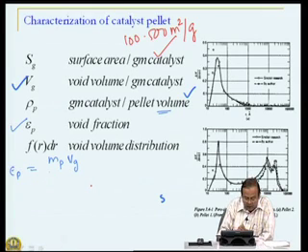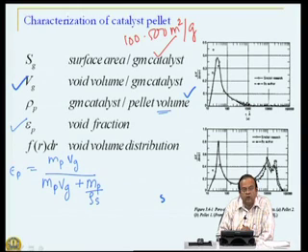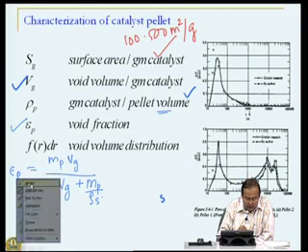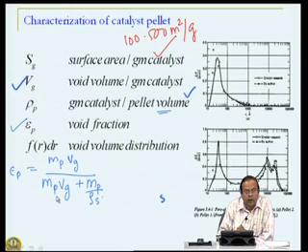So, Vp divided by void volume plus the mass divided by the density of the solid. So, this is the volume occupied by the solid, and this is the volume occupied by the voids, this is the volume occupied by solid. So, the ratio of these two quantities is nothing but my void fraction.